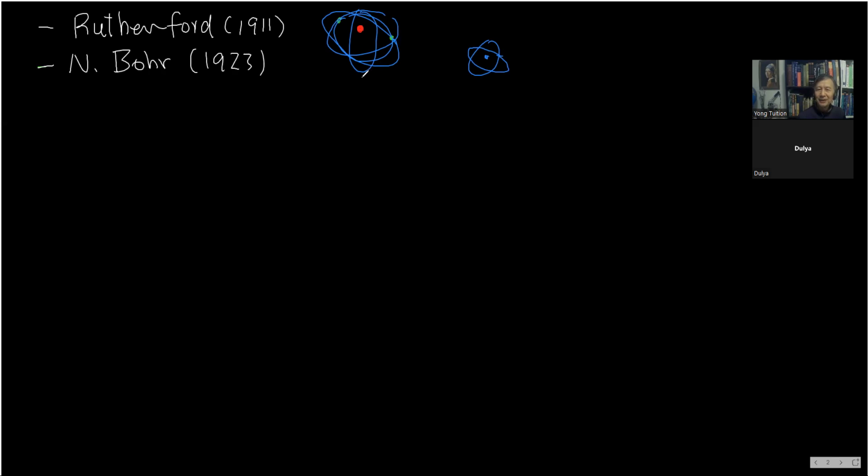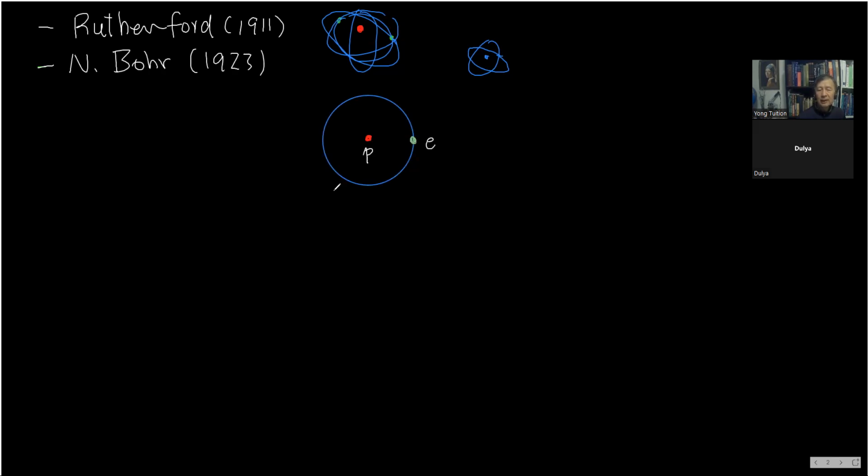But however, if we accept Rutherford's idea and follow Newton's law and also Maxwell's law, if the atom is indeed made of a tiny nucleus with an orbiting electron in a circle, can we just consider hydrogen now? If you put the electron here, there's an electron and a proton.